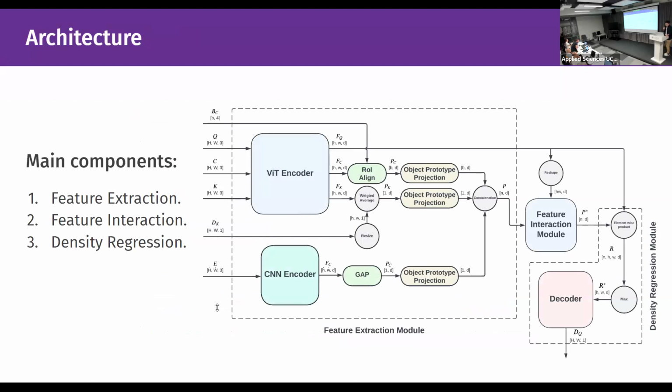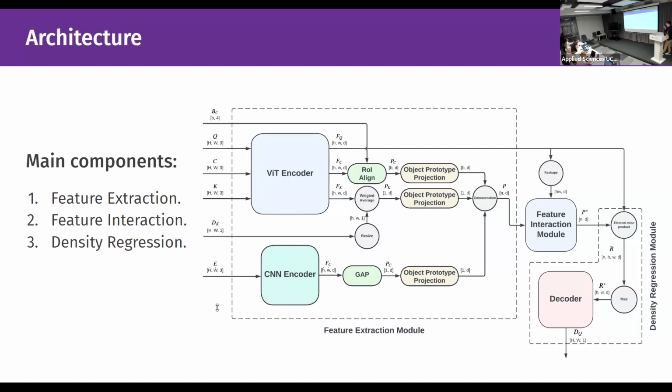Okay, so to implement our proposed solution, we introduced a novel architecture. It consists of three main modules: feature extraction, feature interaction, and density regression. The feature extraction module is designed to efficiently extract rich representations from the query image and from the provided prompts.